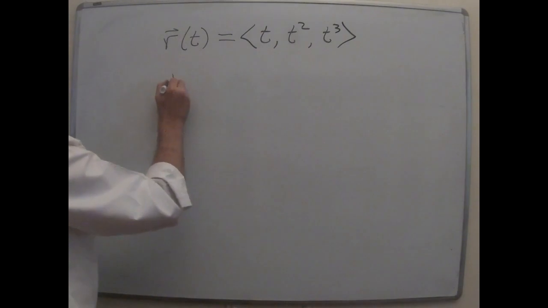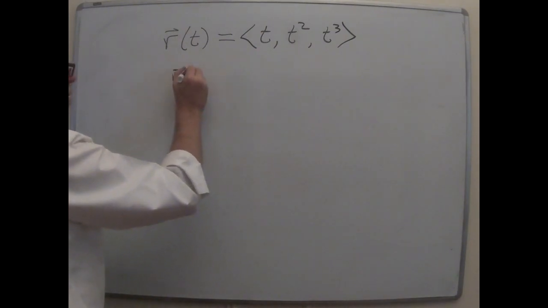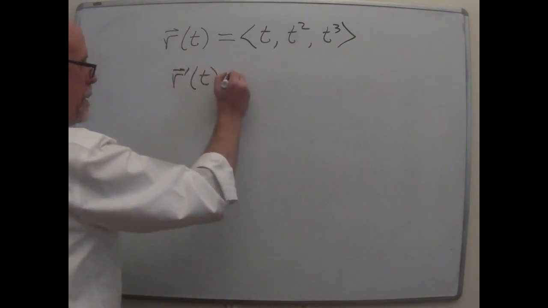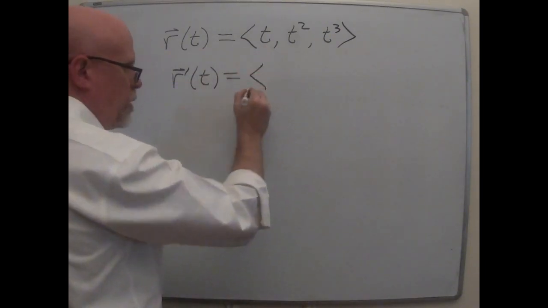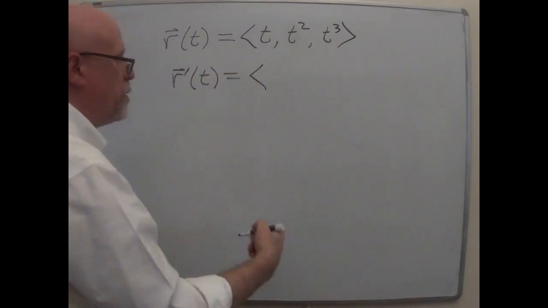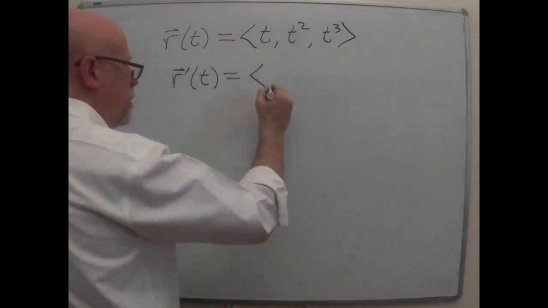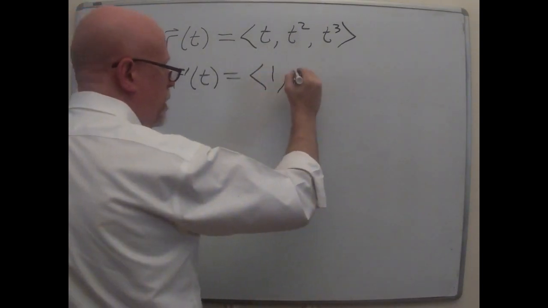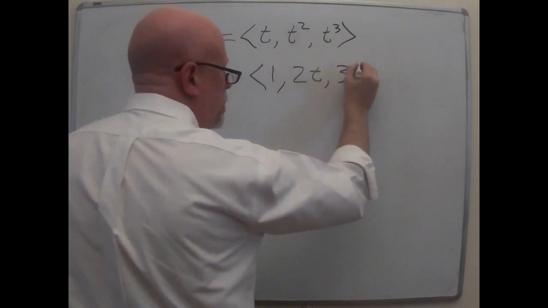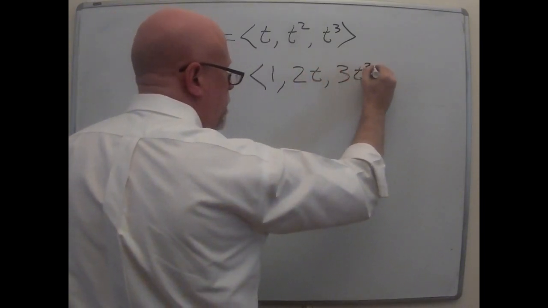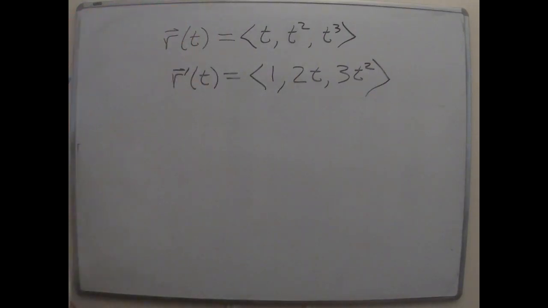You want to take its derivative? Totally easy. Just take the derivative of each component. We are talking about the derivative with respect to t. So the derivative of t with respect to t is 1. And t squared becomes 2t. And t cubed becomes 3t squared. Right? Totally easy to do.